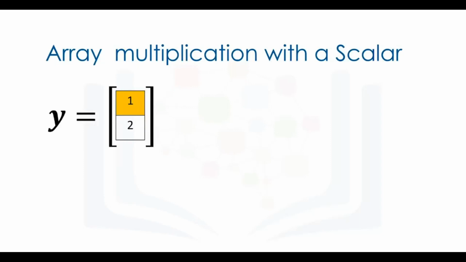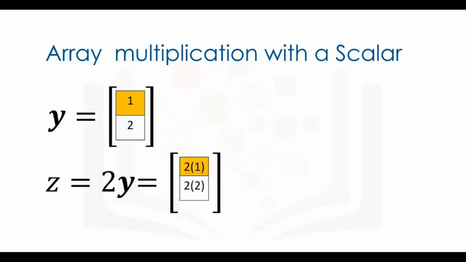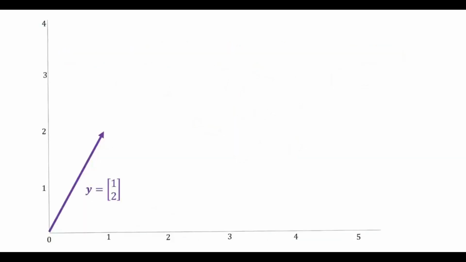Consider the vector y. Each component is specified by a different color. We simply multiply the vector by a scalar value, in this case 2. Each component of the vector is multiplied by 2. In this case, each component is doubled. We can use line segments or arrows to visualize what's going on. The original vector y is in purple.